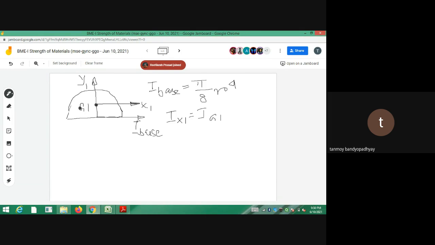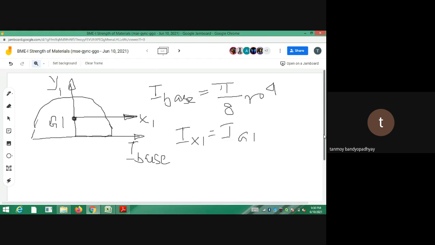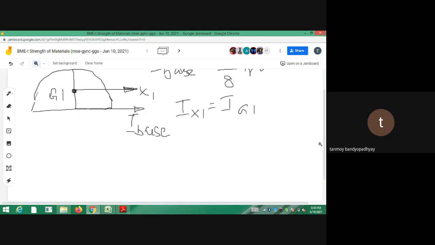So how to calculate that? We know the moment of inertia about any axis. Now we actually have the moment of inertia about its base. We have the value for the base, so that is why we can write it.